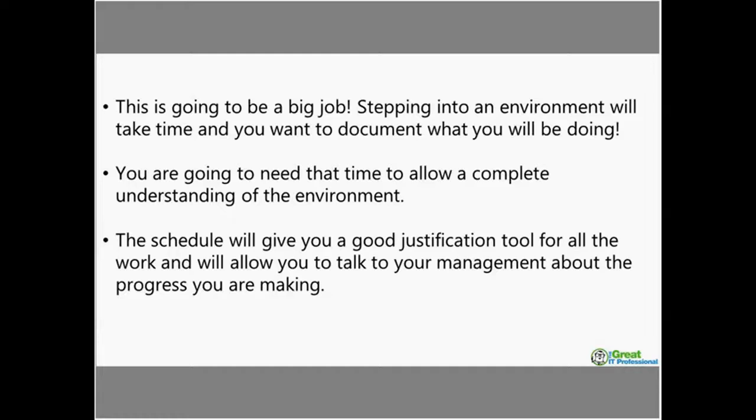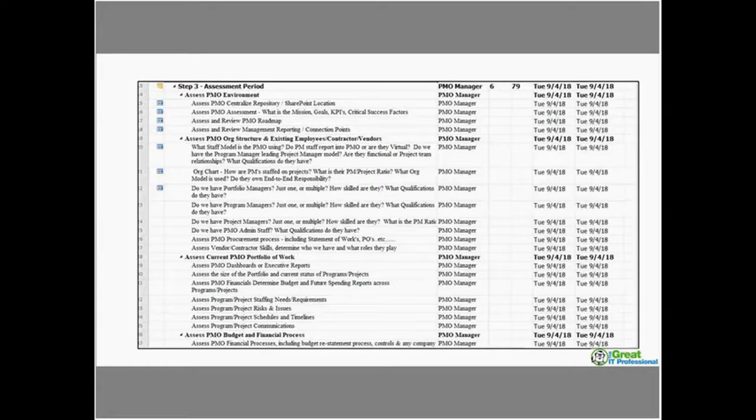One of the things you'll get from management is, let's get started, let's get going, start producing, and you're going to want to step back and say, this stuff's going to take time. This is a huge effort that we're embarking on, and I'm going to need some time to ramp up and understand. So here's that schedule. Here's obviously a snapshot, but you're going to have the 10 areas of assessing the PMO, just a basic project schedule.